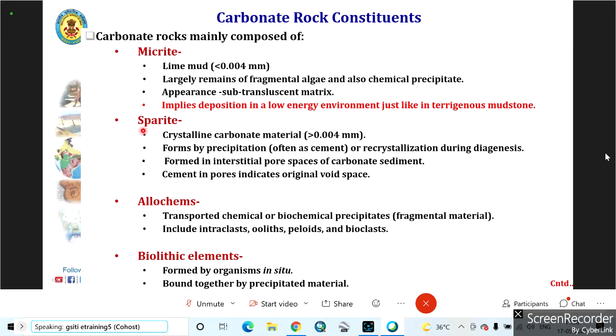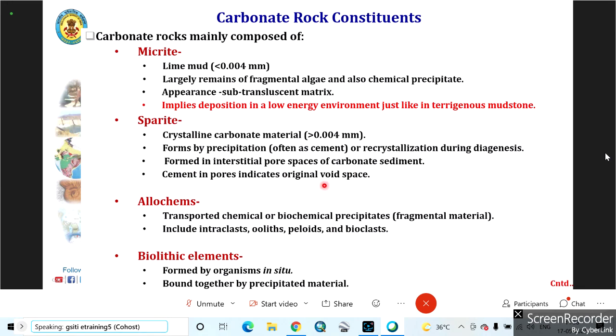Whereas sparite is the crystalline carbonate material, whose size is more than 0.004 millimeter, and it forms by precipitation or recrystallization during diagenesis. Sparite forms in the interstitial pore spaces of the carbonate sediment, and when sparite is present, it indicates the original void spaces.